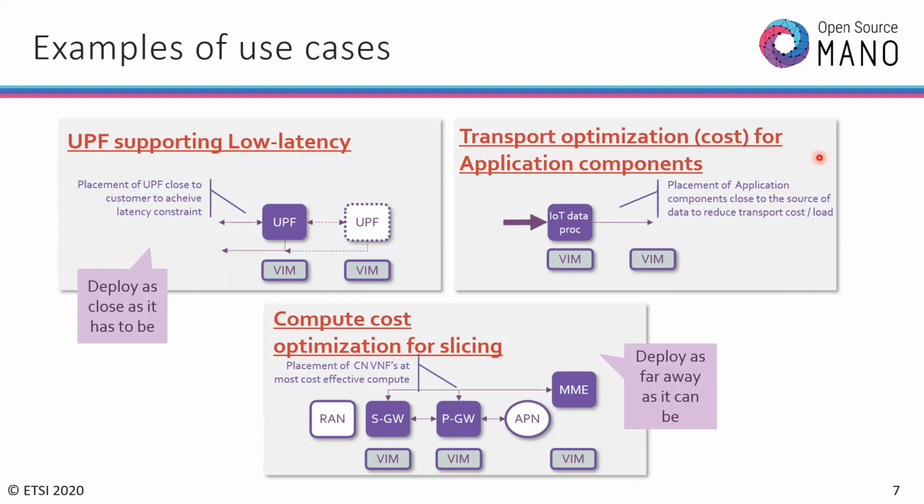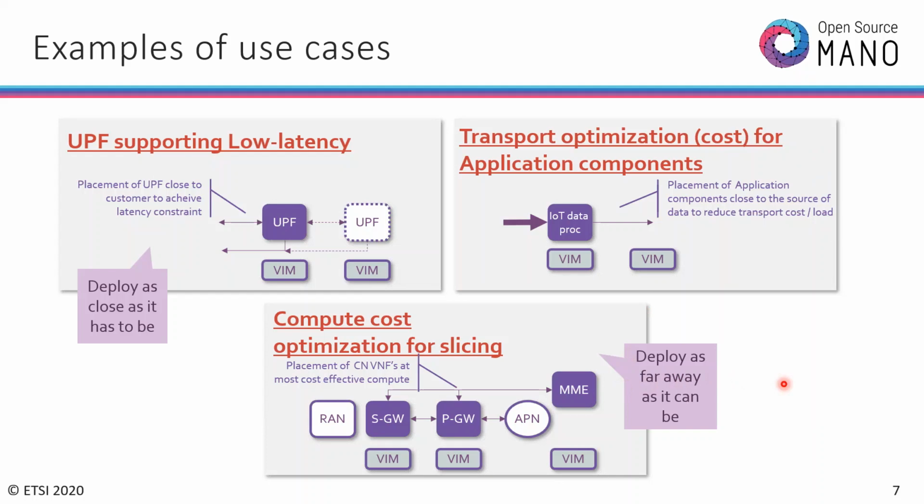Another option over here is where we look for transport optimization for different application components. In this case, we have an IoT data processing, so we might want to place close to the source of the data to reduce transport cost, or to reduce transport load.